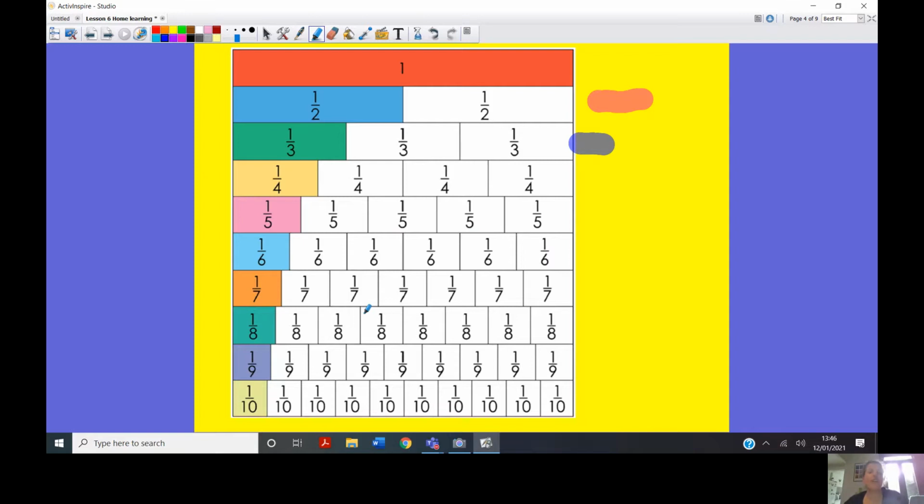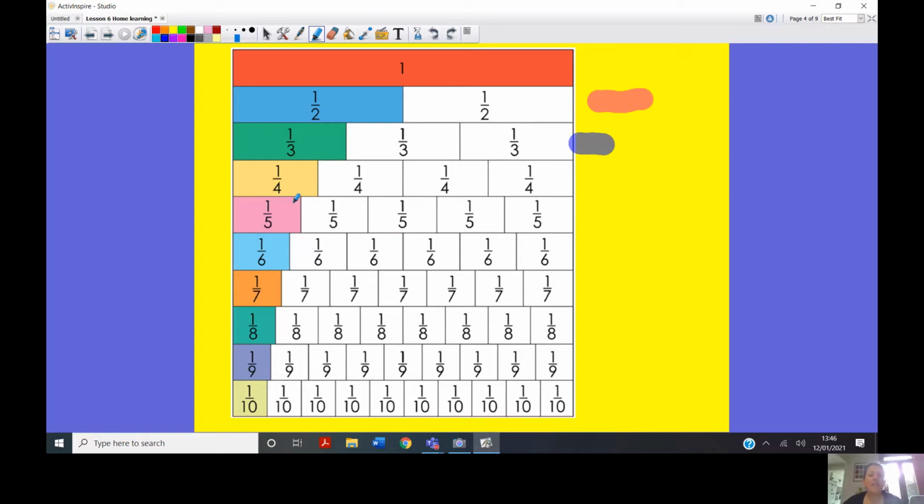So if I asked you, for example, which is larger, 1/5 or 1/9, we can use our fraction wall to quickly see that if we go down from 1/5 to 1/9, 1/5 is clearly a larger part of our whole than 1/9.